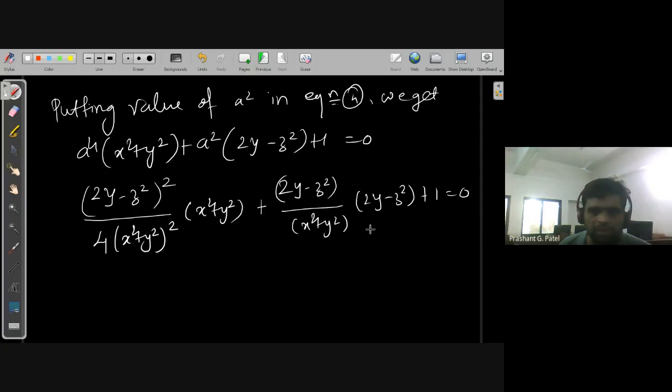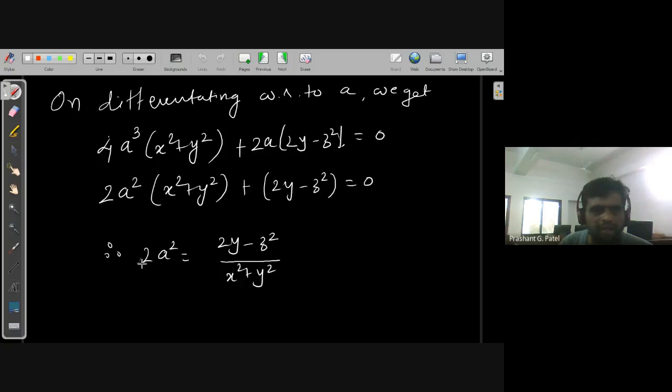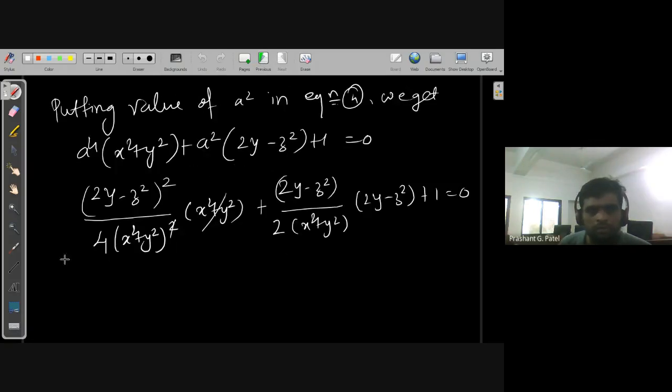You just observe that one x square plus y square is cancelled out. And if you take the LCM as x square plus y square, here we have 2y minus z square whole square, and 4 is also LCM.